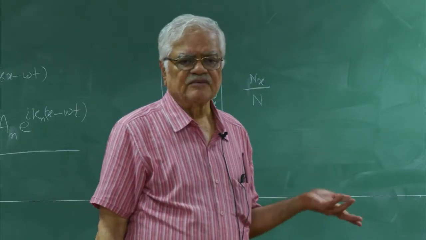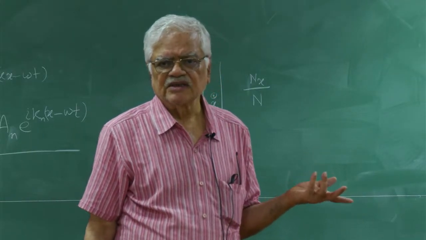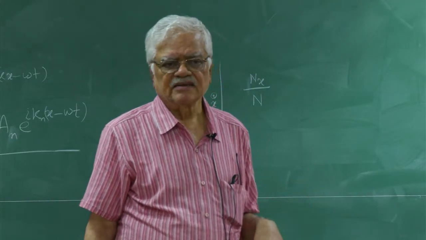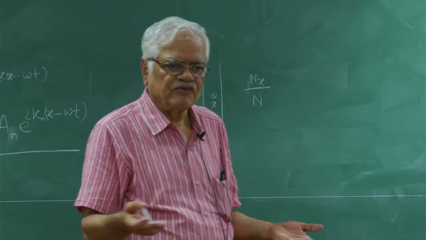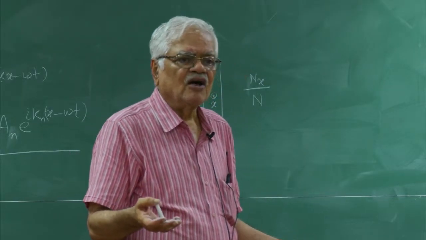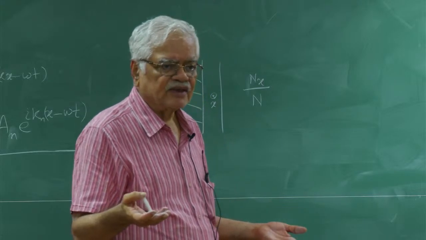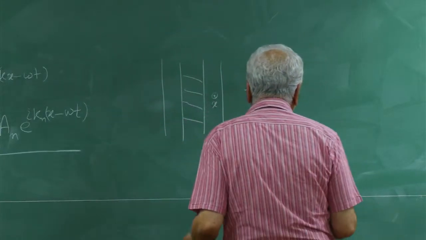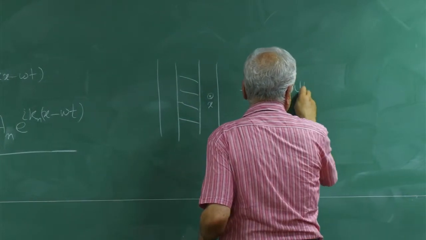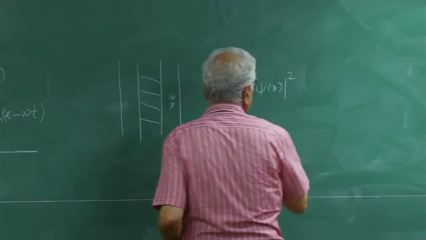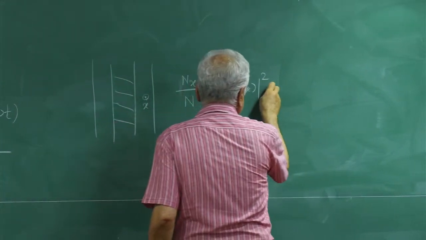What is this? This is just the probability. This is the empirical way of finding out the probability of particles hitting at that particular place. So this must be my mod psi(x) squared dx.